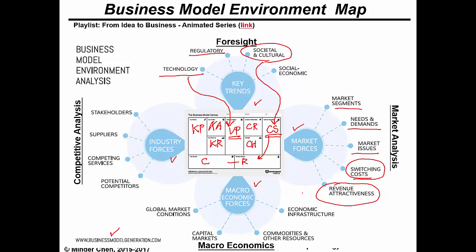On the macroeconomic side, we need to look at the whole economic infrastructure, whether there's a capital market to fund our initiative, and also the global market condition. For instance, in 2008, during the financial crisis, a lot of venture capital firms' funding dried up.